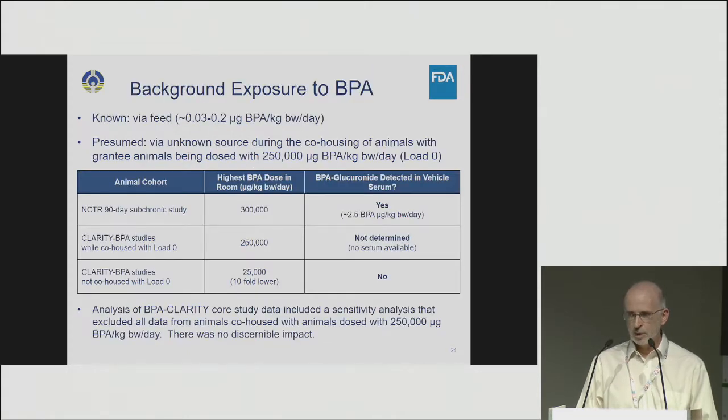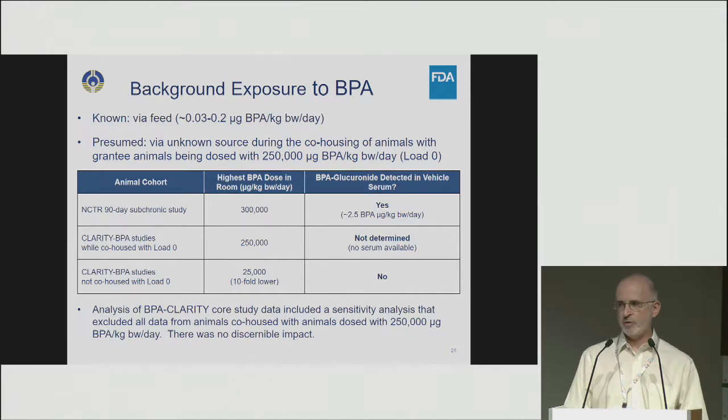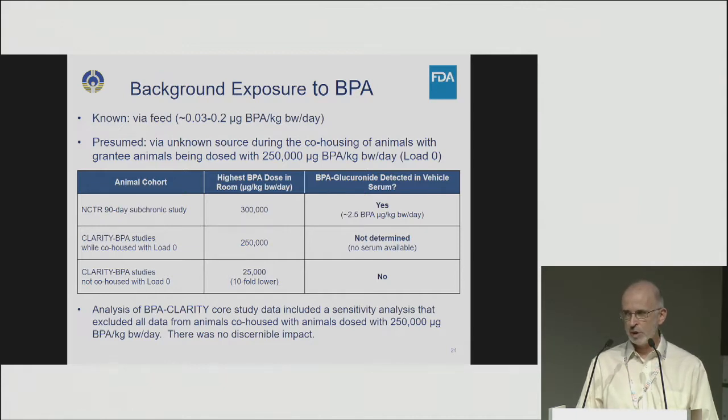Okay. So there was an unexpected issue that had developed with background exposure. As I said before, we knew that there was a background exposure from the feed, and based on the levels that we measured in the diets used in this study, they varied from 0.03 to 0.2 over the course of the study. We also, at the end, when a tool became available, the standard for BPA glucuronide, looked at samples from the 90-day study.